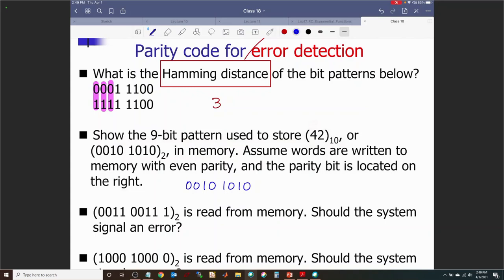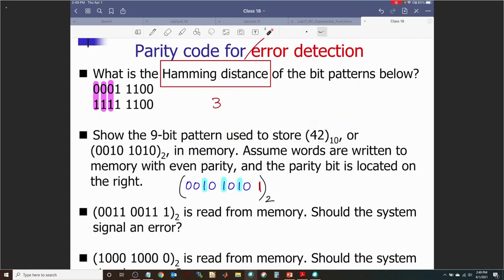All right, so now let's see. What is the parity of this? Is this even parity or odd parity? Odd parity, because I have 1, 2, 3 ones, right? So if I have 3 ones, that's odd parity, which means my parity bit is going to be 1, which is what I'm going to pad all the way to the right, and I'm indicating that in red color. So that's the 9-bit code word that you're writing.